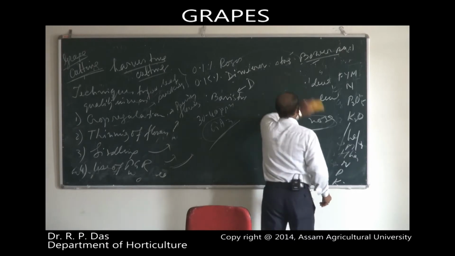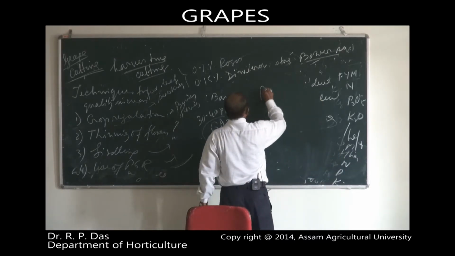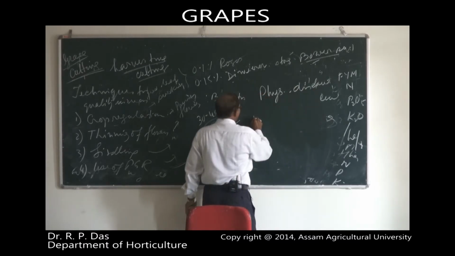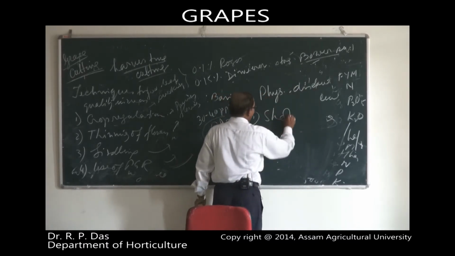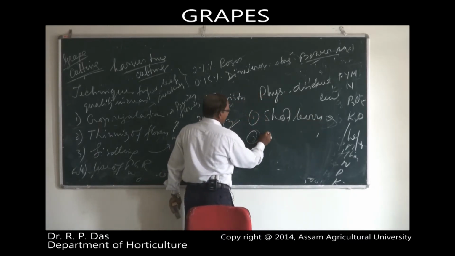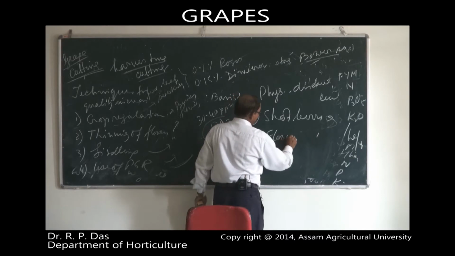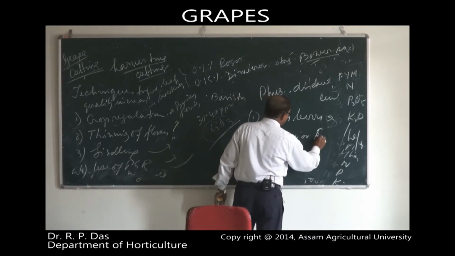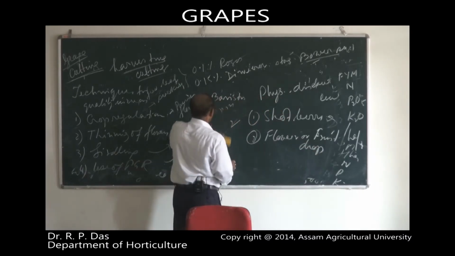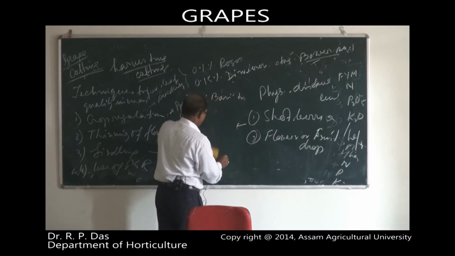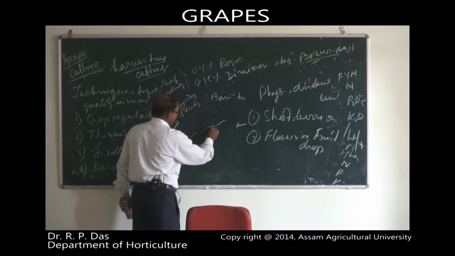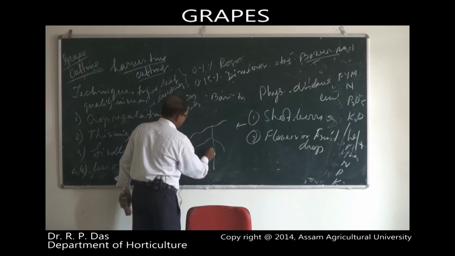Then physiological disorders: one is shot berry, and another is flower or fruit drop. Shot berry: in a bunch, this is the peduncle, carp stem, rachis and berries.